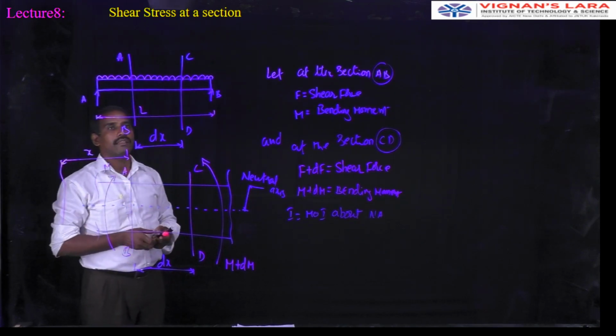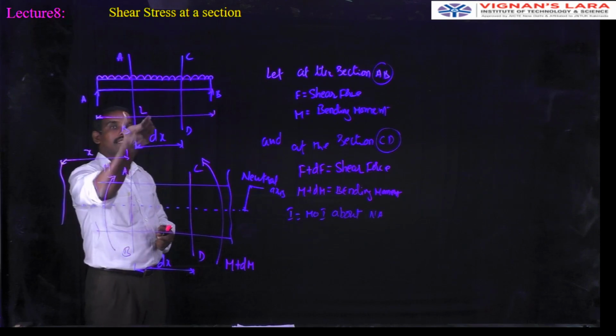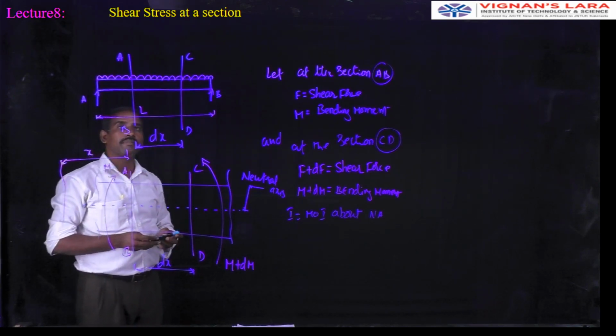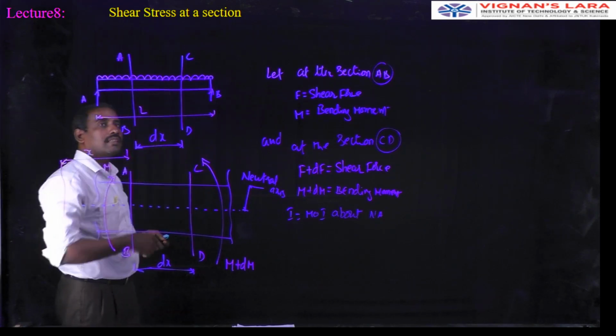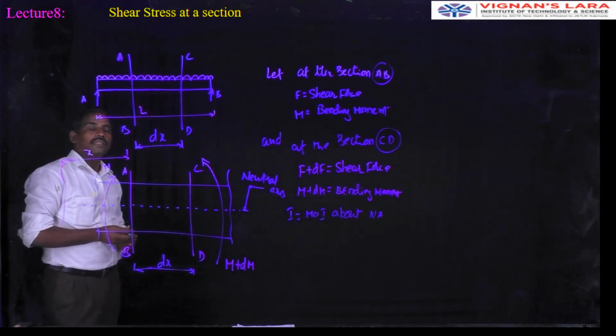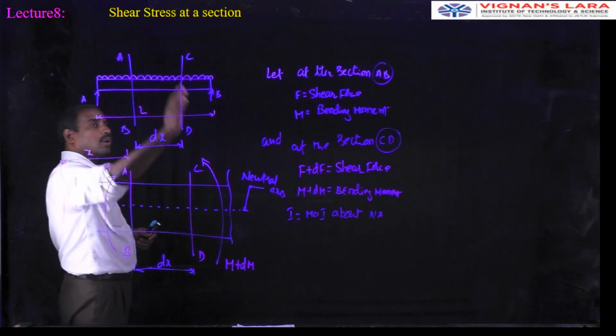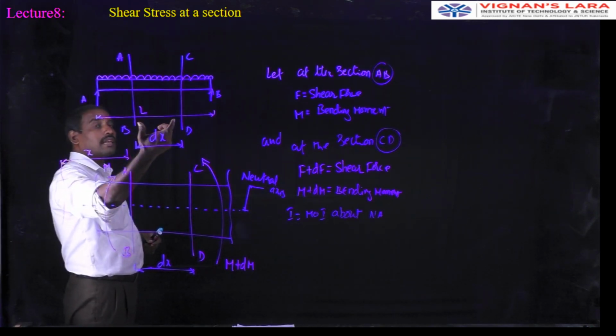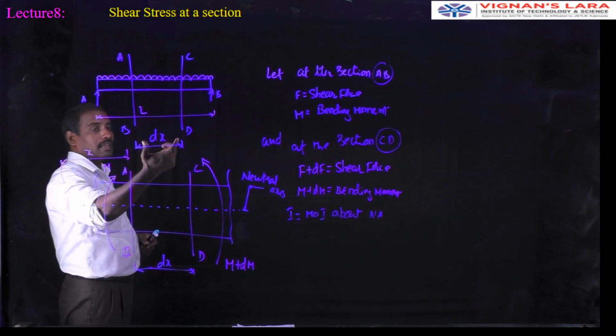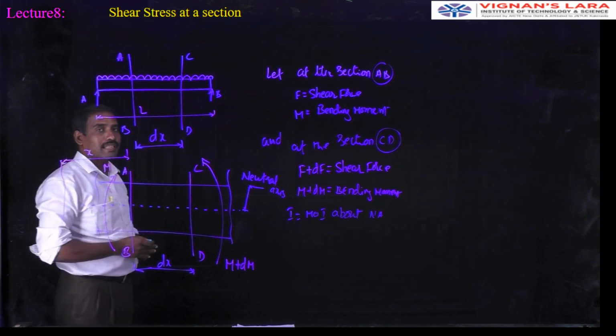So what we did, simply for determining the shear stress at a section AB or CD or anywhere along the length of the beam, is consider a part of a simply supported beam carrying a uniformly distributed load. The shear force and bending moment vary along the length of the beam. For that, I would like to consider a part of the beam of length delta x or dx.